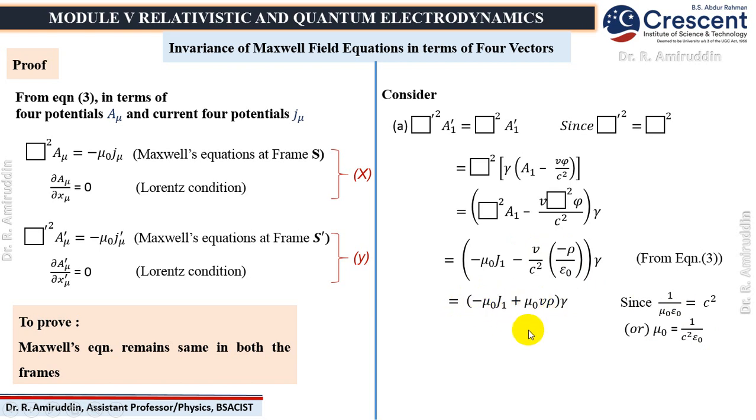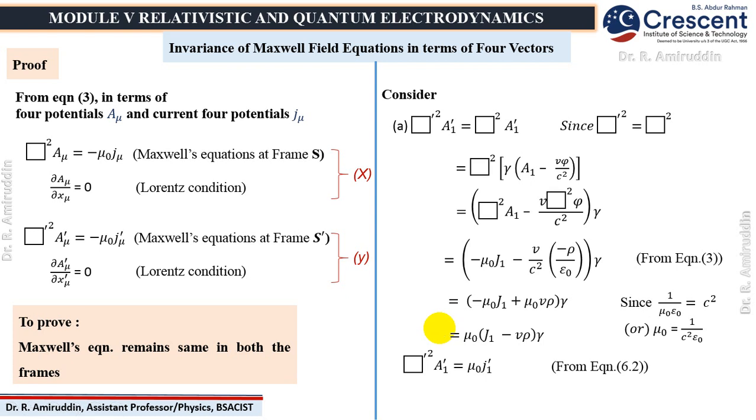Take the common term outside: mu naught into j1 minus v rho, close the bracket, gamma. As usual, j1 minus v rho by gamma, in the previous slide we have already derived that, is j1 prime. So finally we have taken the left hand side, irrespective of the different frames, the del element operator remains unaltered, and we have achieved the right hand side term mu naught j1 prime.